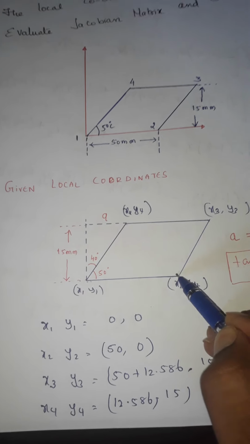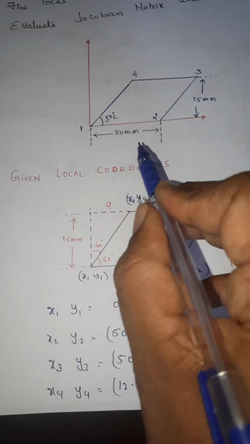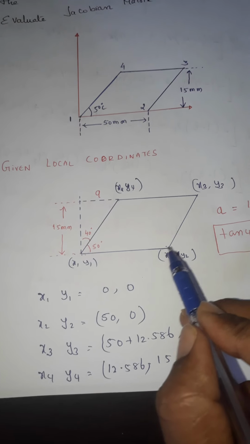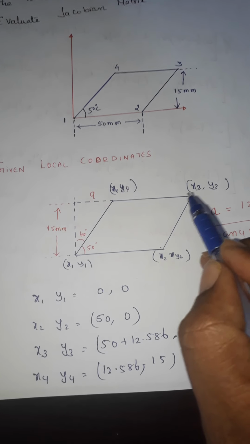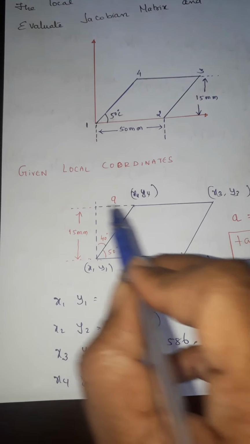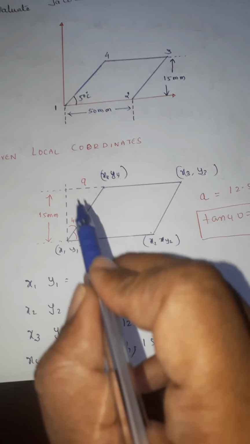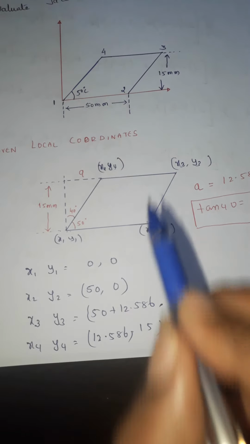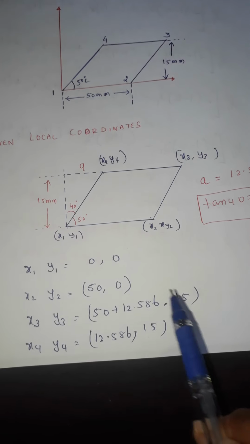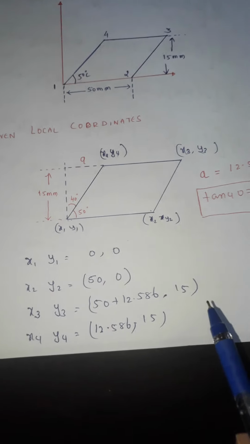The reference point will be (50, 0). The x of this point is 50 plus A, that is 50 plus 12.586, and the height is the same. In the y direction the height is 15 mm.